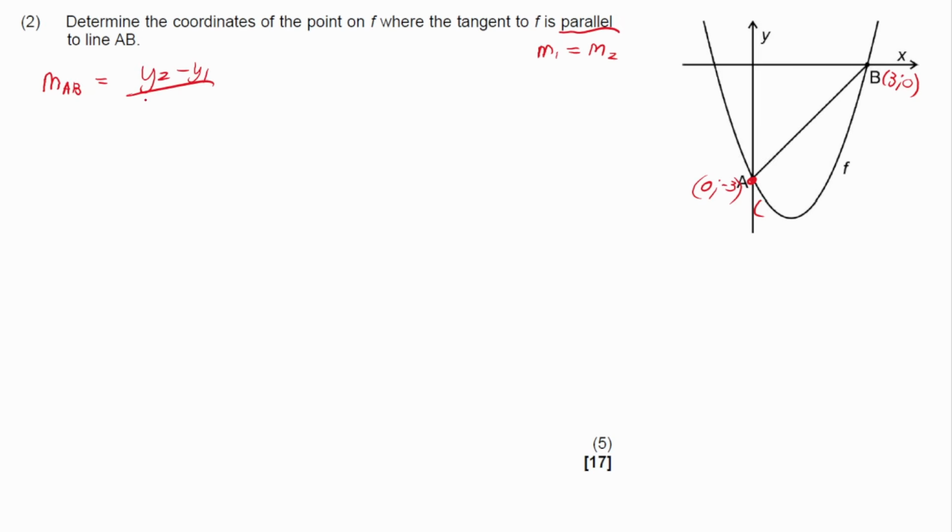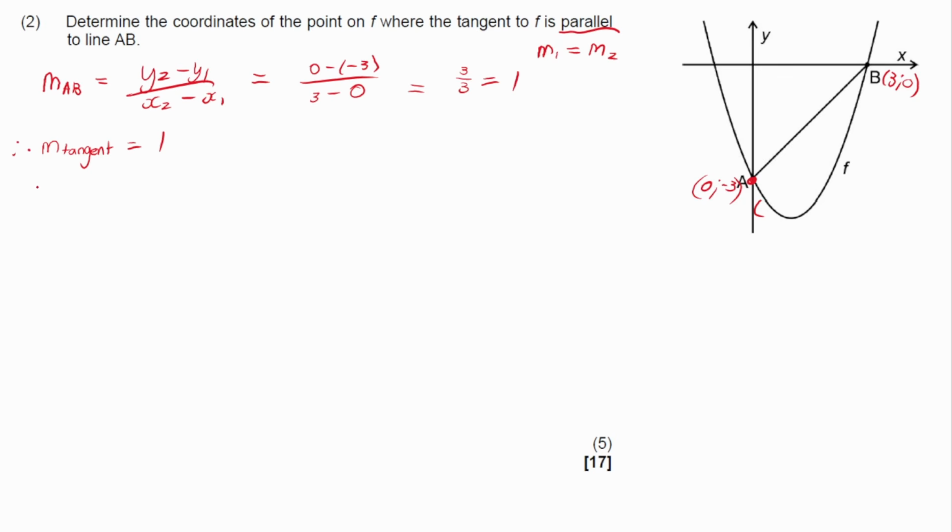It is on your formula sheet. And y2, I'm going to put 0 minus negative 3 over 3 minus 0. So when I do that, I get 3 over 3, which is 1. So I know then that the gradient of the tangent has to be 1 as well. So I can say, therefore, the gradient of the tangent is equal to 1.